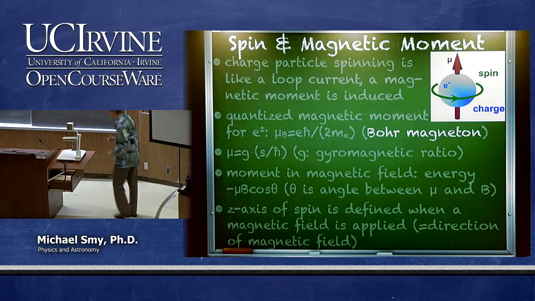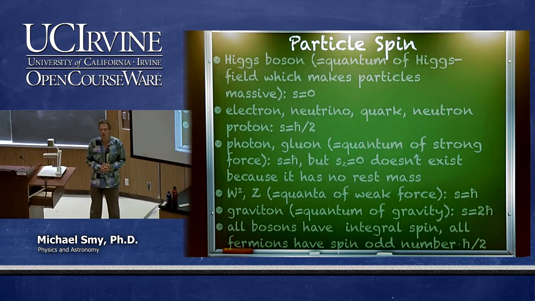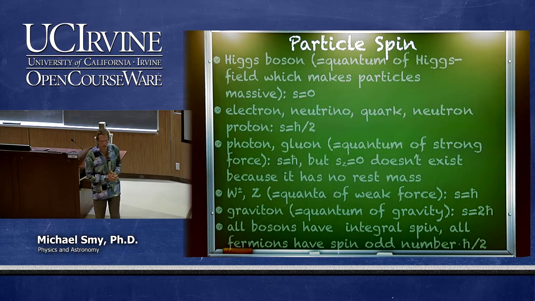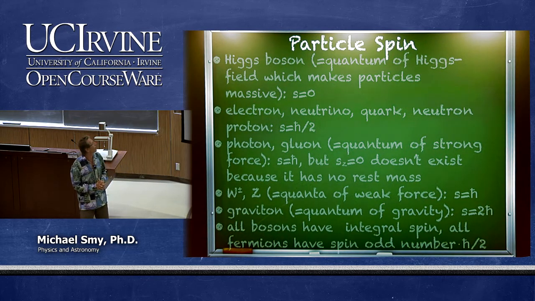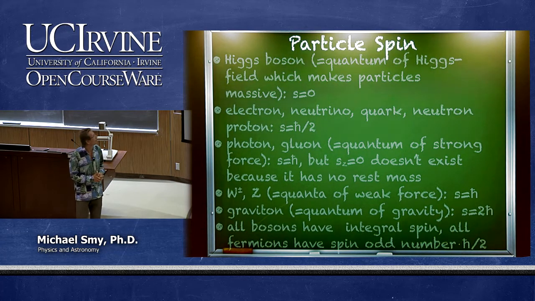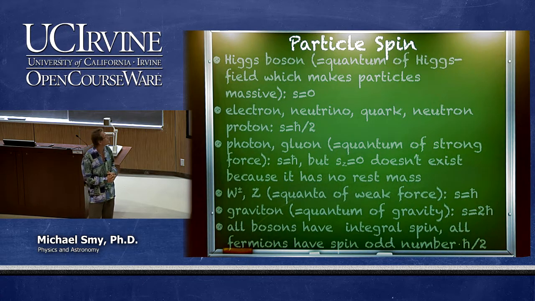Examples for particle spins: in case you have heard recently, the so-called Higgs boson was discovered in Switzerland. And that is actually the first fundamental particle that has no spin at all. And that's the particle that makes other particles massive, or it is the quantum of the field that makes other particles massive.